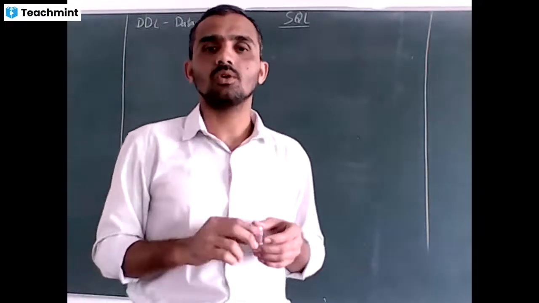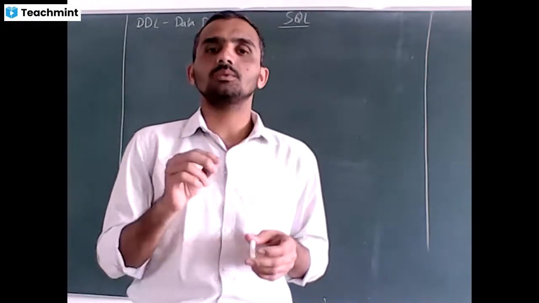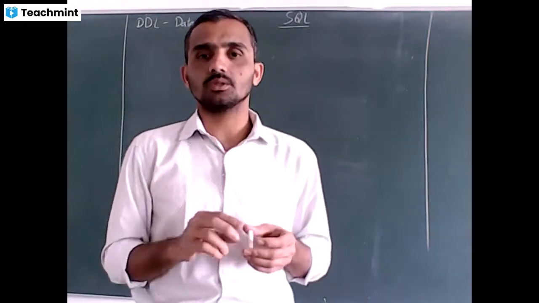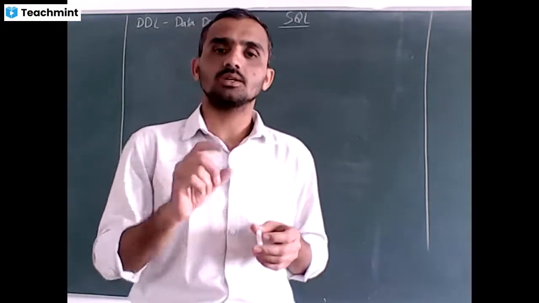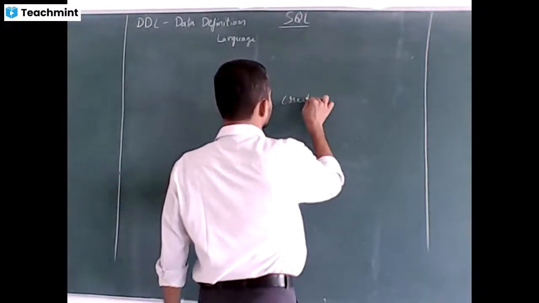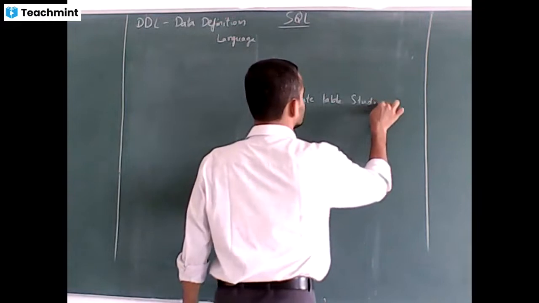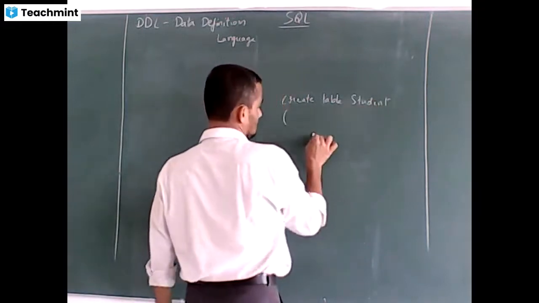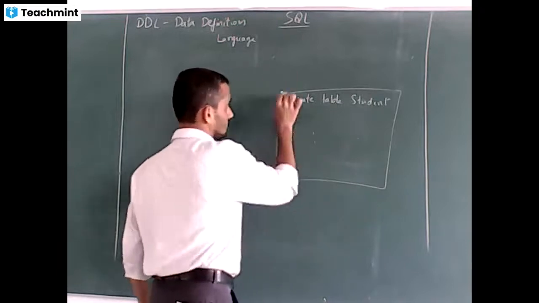In SQL, we call it a query. It is a program only, an SQL program. A program consists of many queries, some 3 to 4 queries. Query means one set of command. If I write create table student, this is called one SQL query.